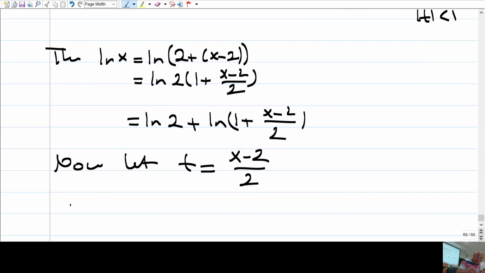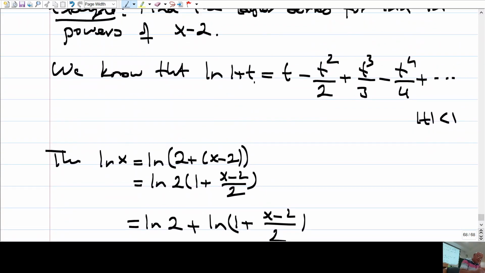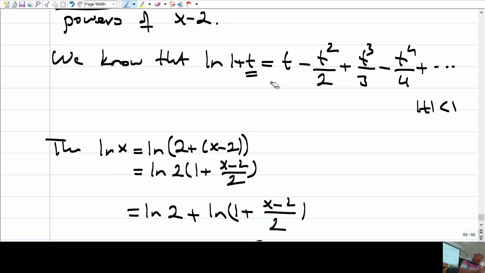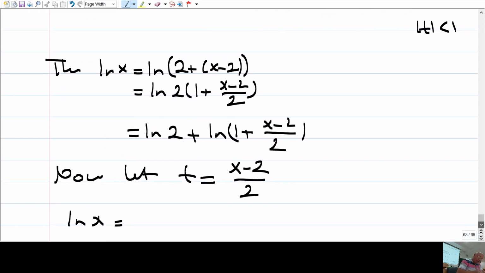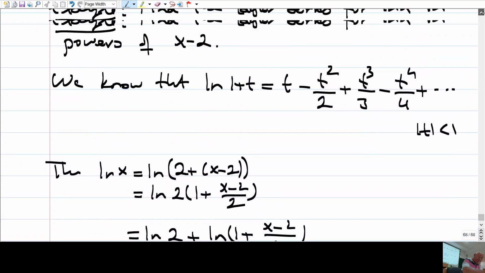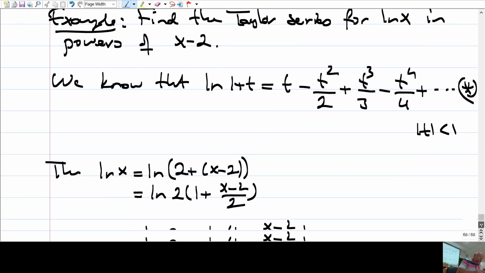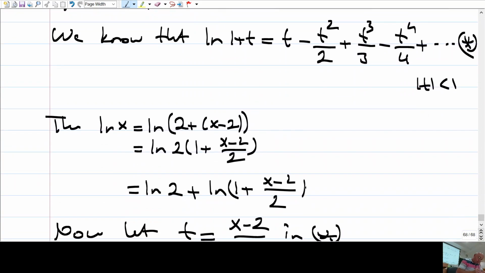So ln x is just, here, in place of x, x over 2 in star, let me call it star. Okay. Here you write x minus 2 over 2.